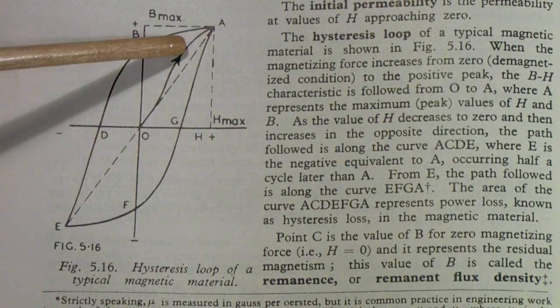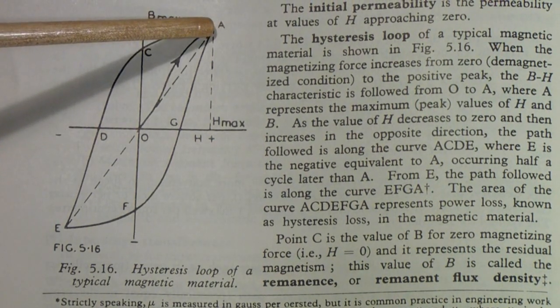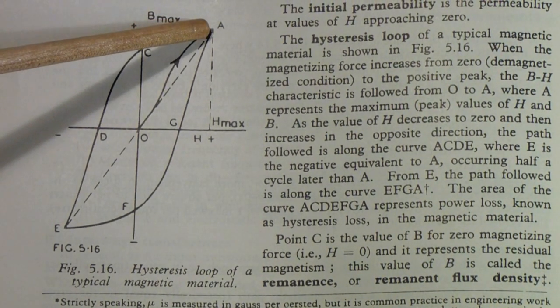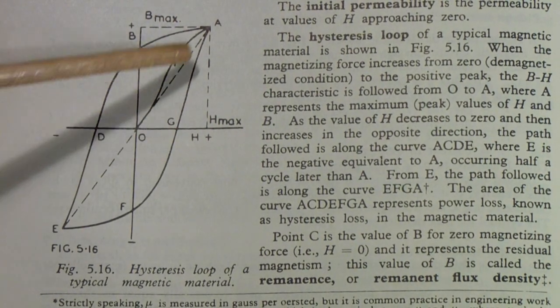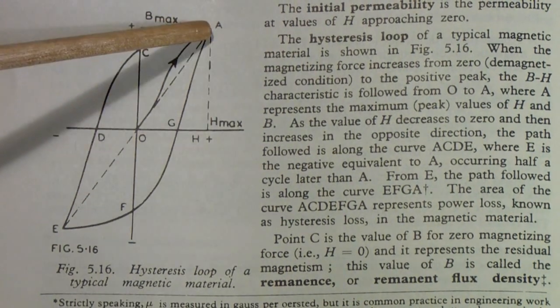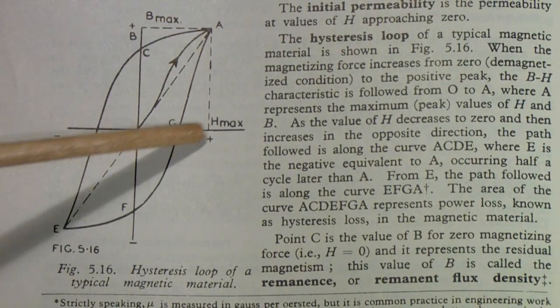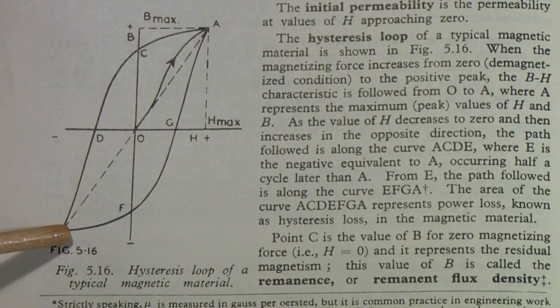It has a kind of S-curve to it. But what's even worse is once you reach this point, when you begin to remove the magnetizing force, you don't go back down that same curve and come out over here. Instead, because of residual magnetism, you actually follow this curve.